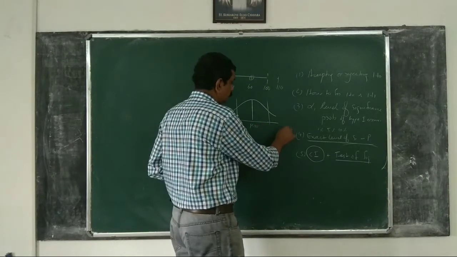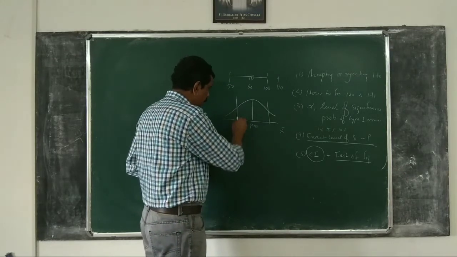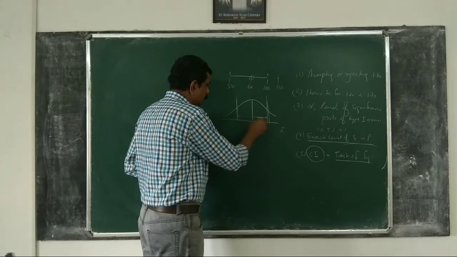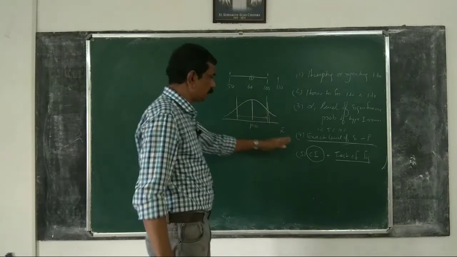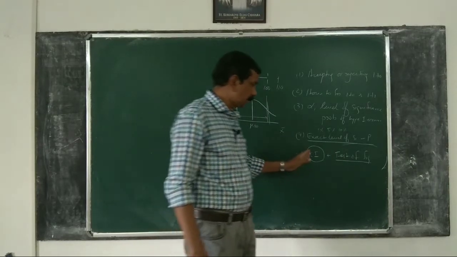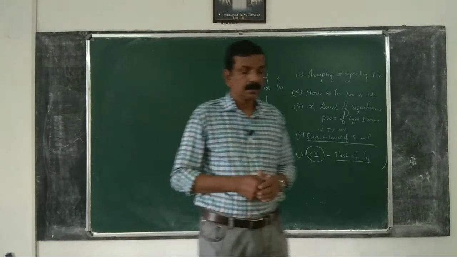If this is the distribution of x bar, and mu is 10, we compare the value of x bar and see whether it is close to this. We can use either the confidence interval approach or the test of significance approach. Both will give identical results. You will never get contradictory results.